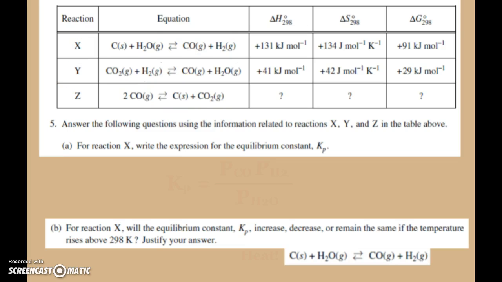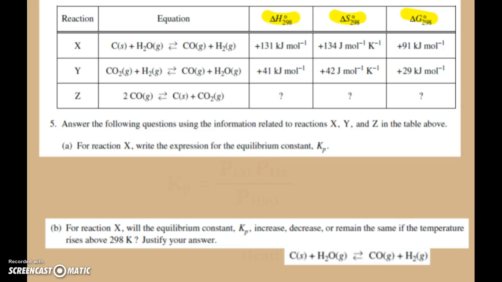All right, now what we also need to do is remember, what do delta H, delta S, and delta G tell us when we see this information? And I had you work on this through the year. Delta H tells us how much energy is going into or coming out of a reaction. Is it exothermic or endothermic?